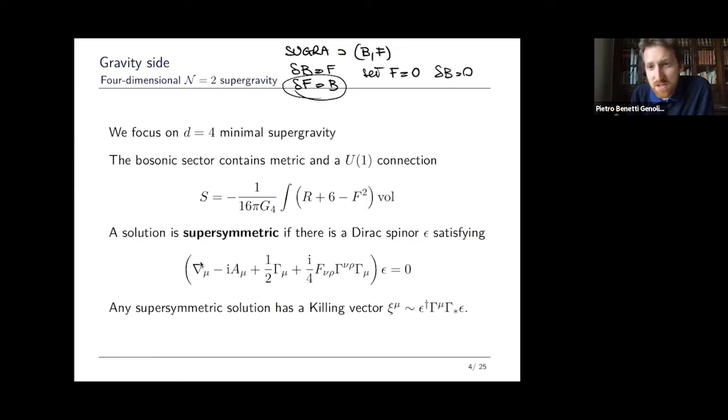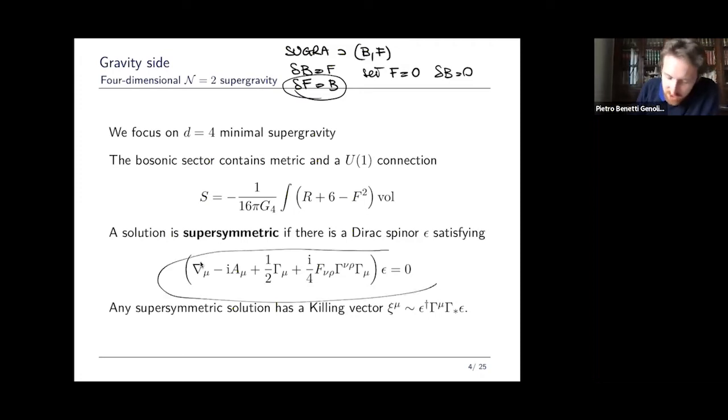Because if they are not vanishing, that means that it's not consistent to set the fermions to 0, because then when I do the supersymmetry variations, I would obtain something that takes me out of 0, right? So these types of generalized Killing spinors are the fermionic variations. In fact, this Killing spinor equation is the variation of what is called the gravitino.